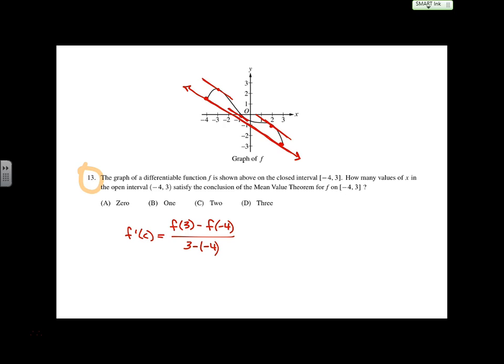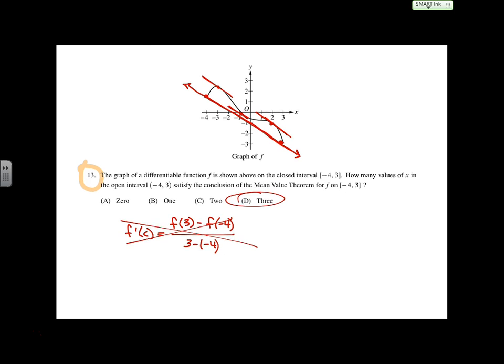So just looking at the nature of the graph, there are going to be 3 parallel slopes of tangent lines, a maximum of 3 possible. Does that make sense? There is no solving. It's more of a concept-y question. The slope of the secant line, how many tangent lines would have that same slope? And the answer is 3.